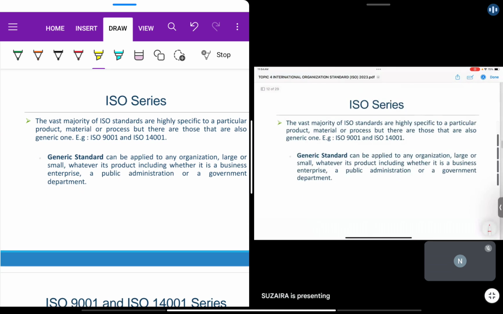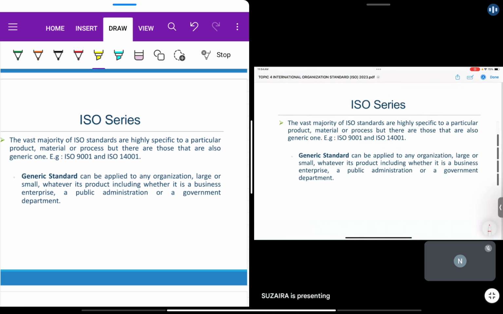And when we talk about the ISO series, we only have two generic series.